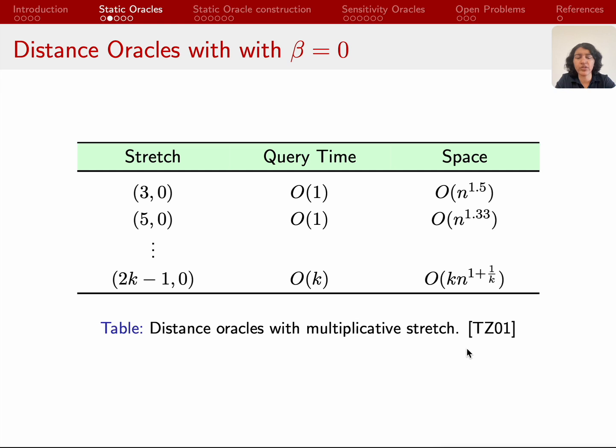Thorup and Zwick in 2001, in their work on distance oracles, showed that for any integer k we can compute a distance oracle of stretch 2k minus 1, additive error 0, and the oracle takes a space which is just k times n to the power 1 plus 1 over k, and given any query pair x and y, it can report the 2k minus 1 stretch distance in just order k time. Later the order k term was also improved to order 1.